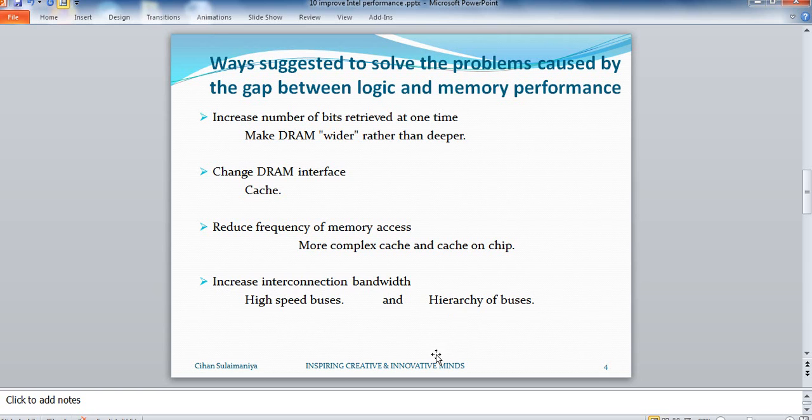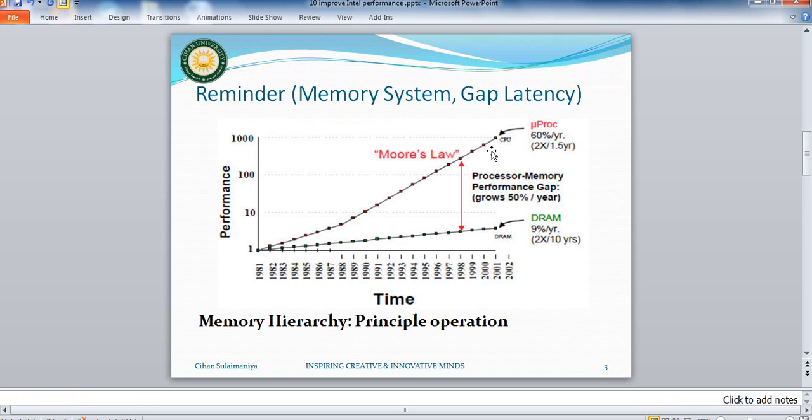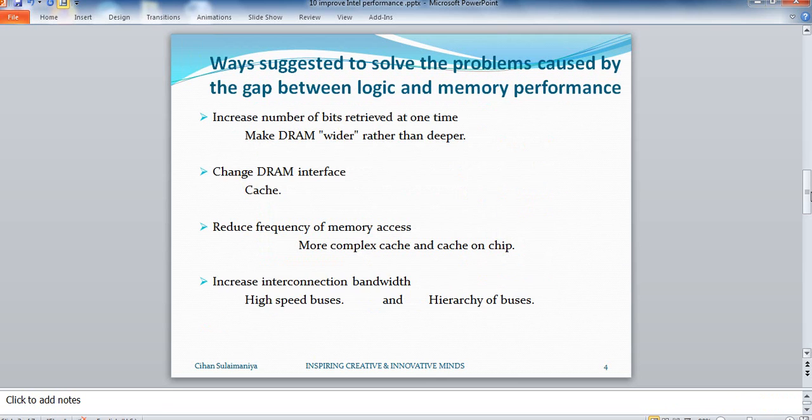And hierarchy buses: increase the interconnection with the hierarchy buses. So these are the solutions. There are 4 solutions to the problem caused by the processor speed being much higher than the memory speed.